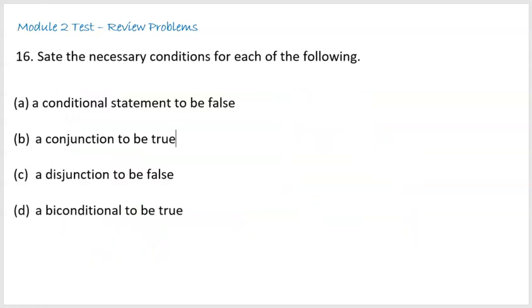Now here's an interesting problem to help you study for sure. It says, state the necessary conditions for each of the following. We'll do these four and then we'll come back for another video to start problem 17. But here we go: a conditional statement to be false. Remind yourself what a conditional statement is. A conditional statement is if P, then Q, right?